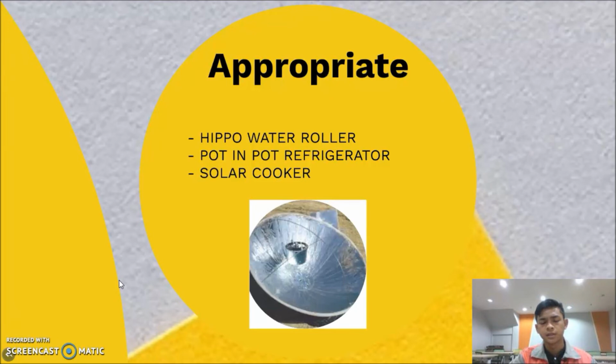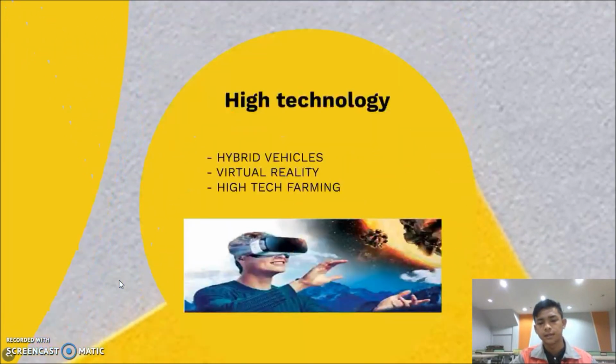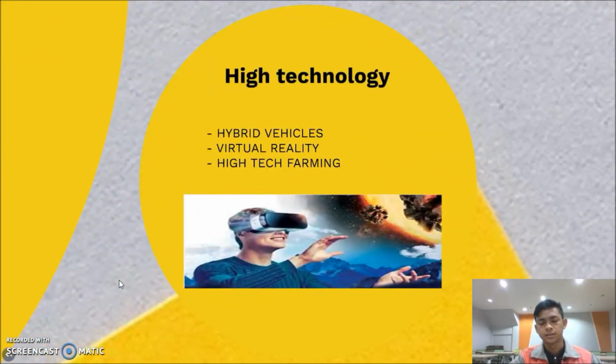To make it, they only need aluminium sheet and cardboard. Next is high technology. Examples of high technology are hybrid cars, virtual reality, and high-tech farming. An example of high-tech farming is using aeroponics and hydroponics.